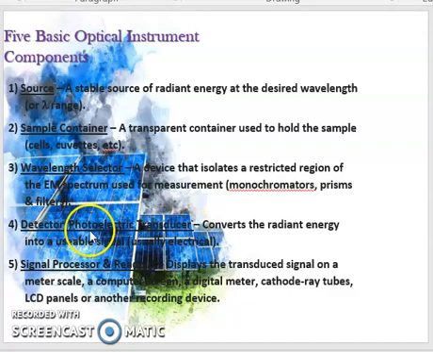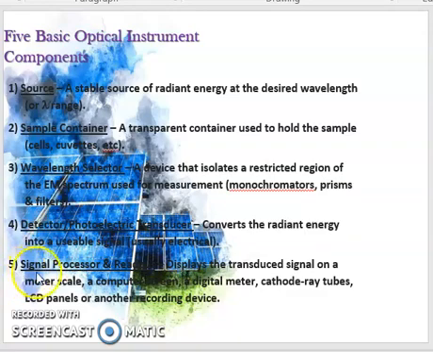Because we deal with photons, we call it photoelectric transducer. Transducer means a detector that can convert a signal. It must convert the radiant energy into a usable signal, normally in the form of an electrical signal.